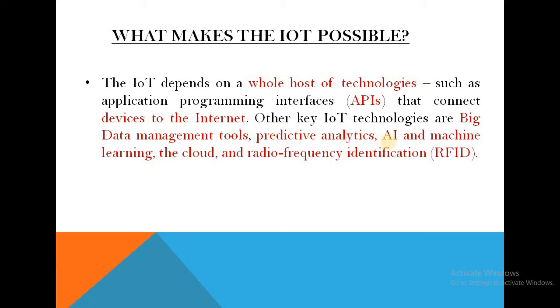And then with the help of artificial intelligence and machine learning, or we can use the cloud and radio frequency identification technologies also, to determine what to be done or provide smart actions to the devices. So with the help of all these technologies, the devices are made to act smarter with the help of the internet.